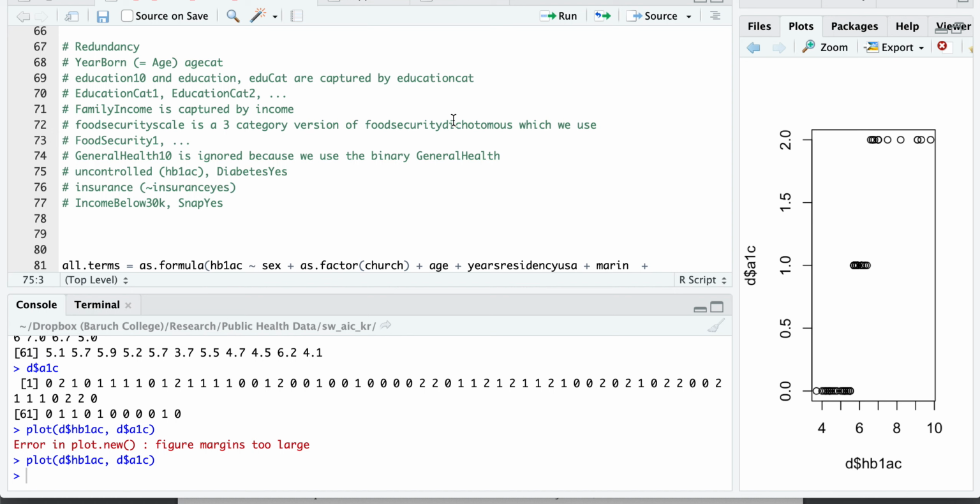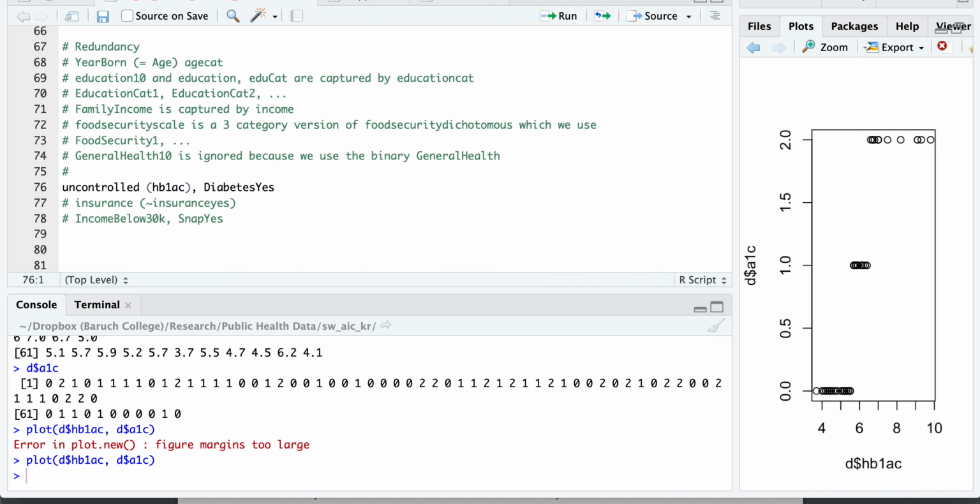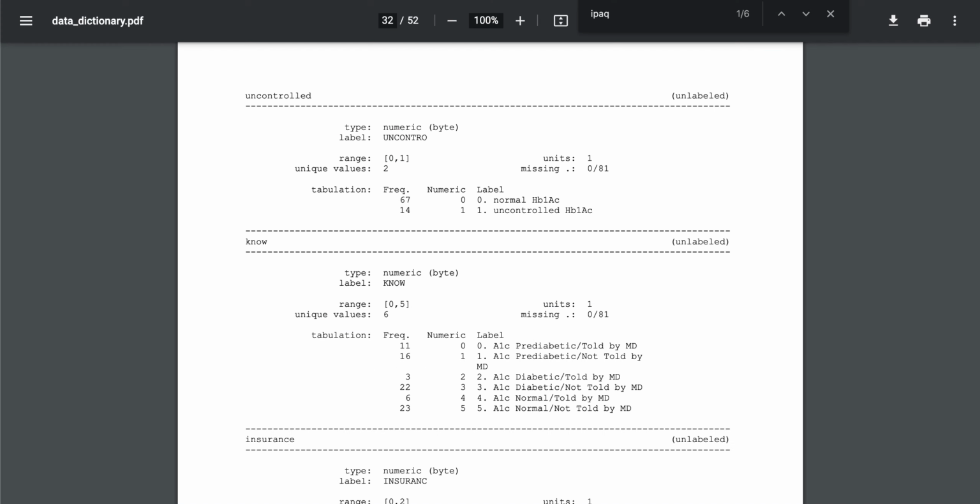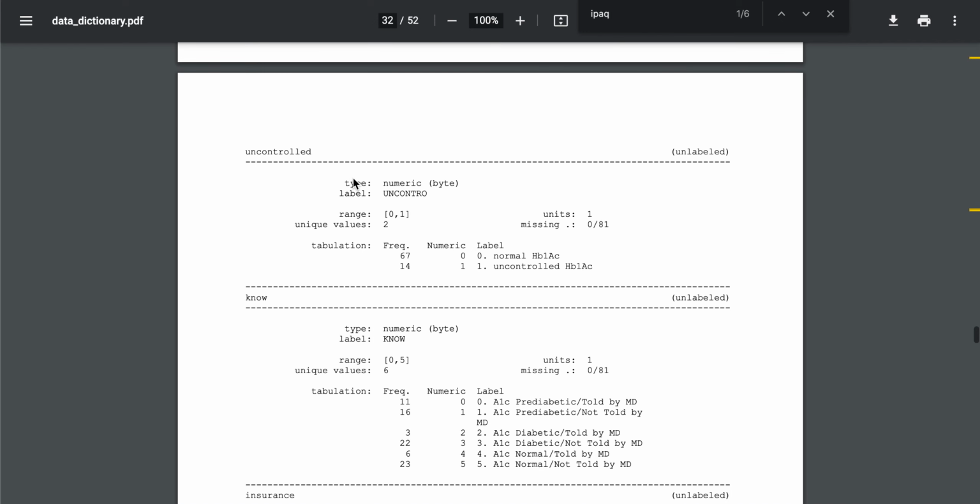So we were here. A1C is a categorized version of HB1AC. So let's look at uncontrolled.